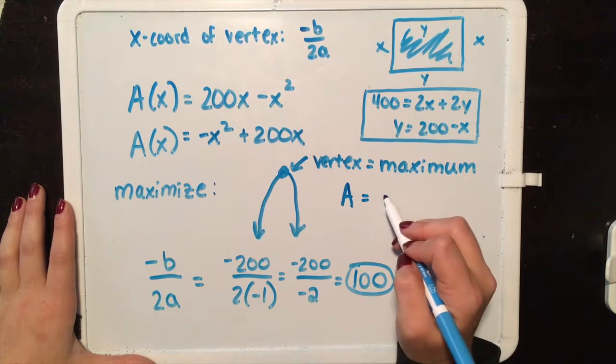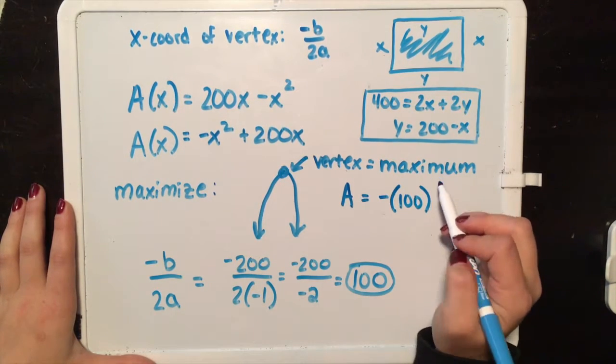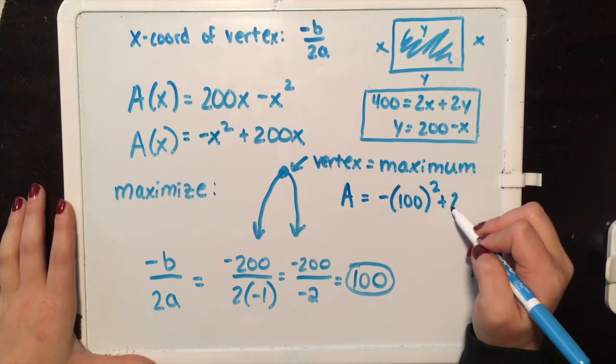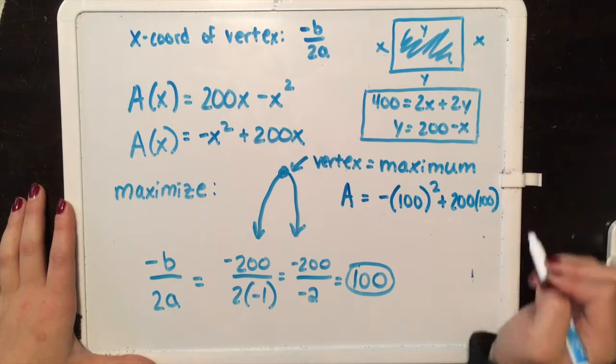Area equals negative 100 squared plus 200 times 100.